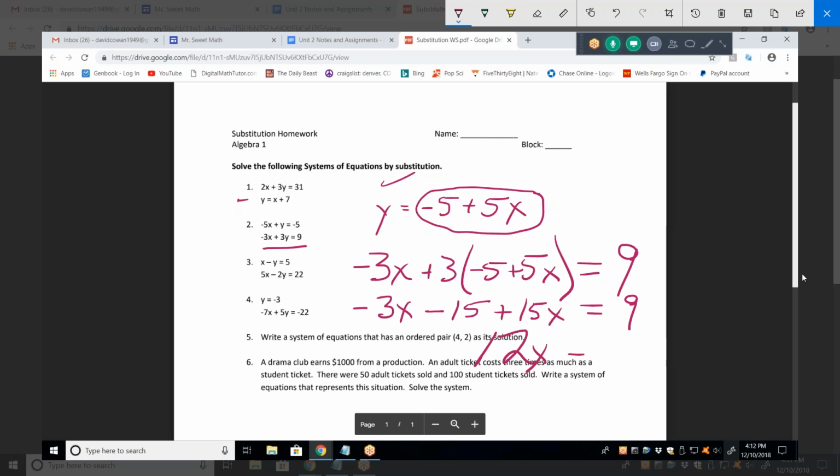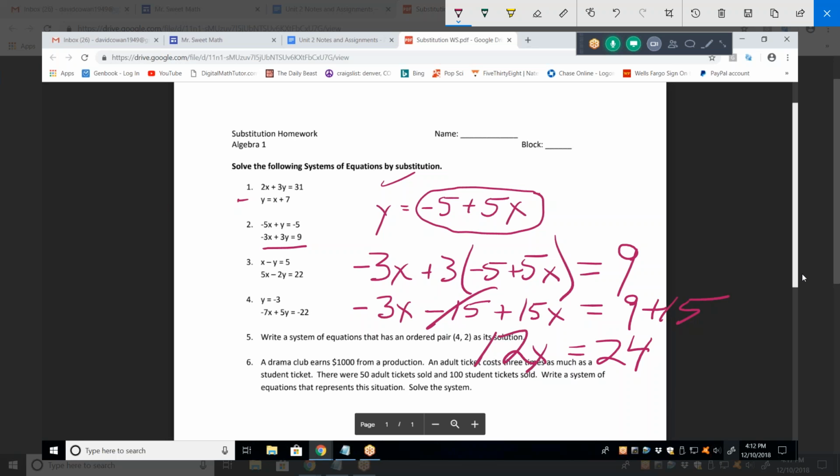And if I'm combining the numbers, I want to do it on the other side of the equation. So I'm going to leave the 9 over there, which means I've got to move this 15 over there. How do I get rid of that 15 on the left? Add it to 9. Okay, which gets rid of it and gives us 24. Now what?